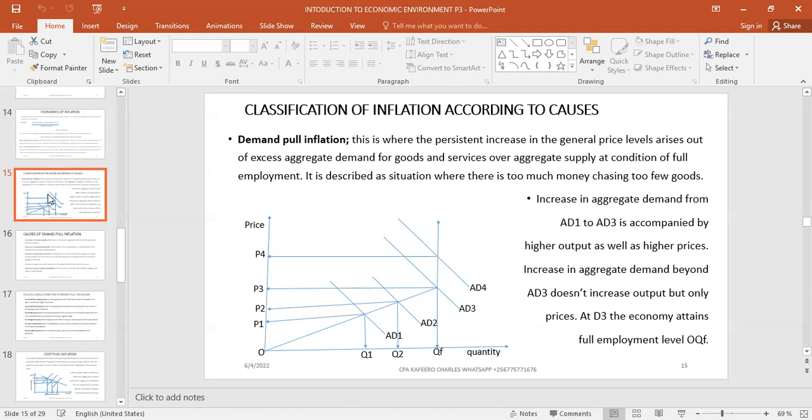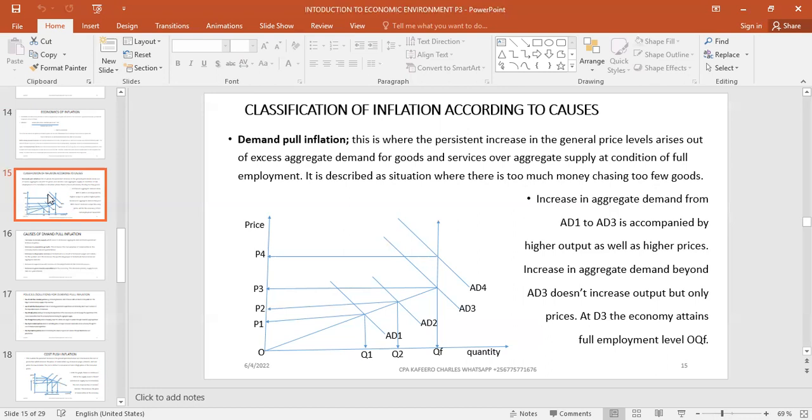When you're explaining, make sure you don't forget those factors, because if you stop at, let's say, excess aggregate demand for goods and services over aggregate supply, and you don't put at a condition of full employment, we expect that you have done nothing, because we want to know what caused these supplies to be not enough for the demand which is there.